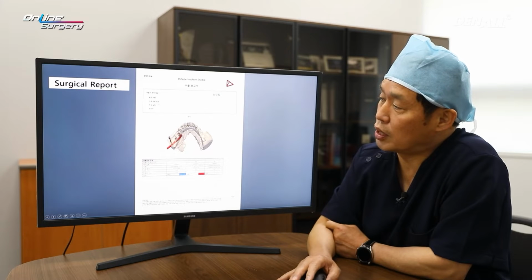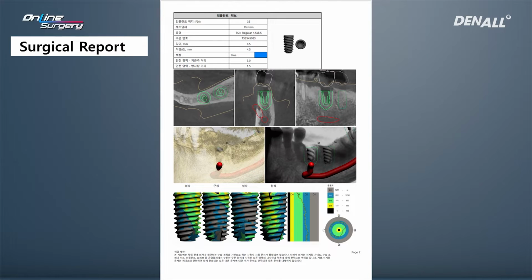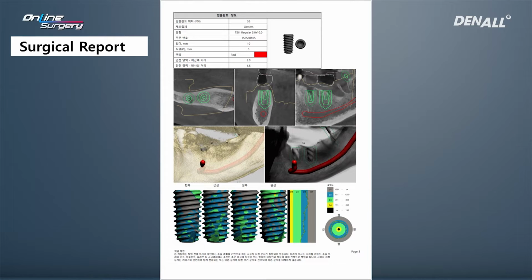I contacted OneGuide team to design the OneGuide. In number 5, mental foramen is coming up like this. 4.5 in diameter and 8.5 in length. Implant was planned. And for number 6, there was distance with the inferior alveolar nerve.